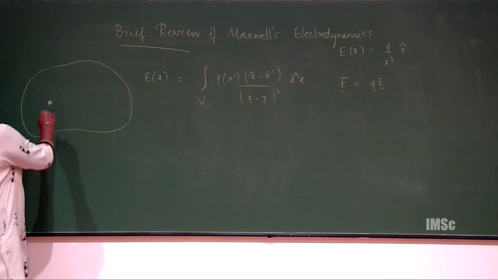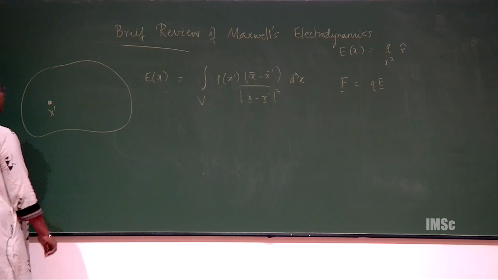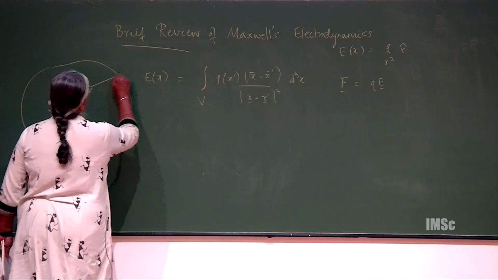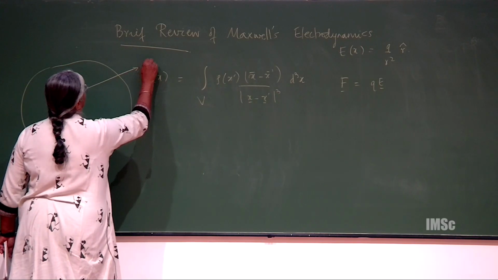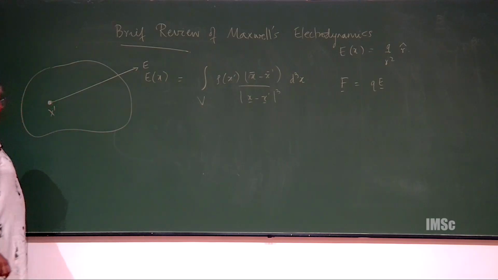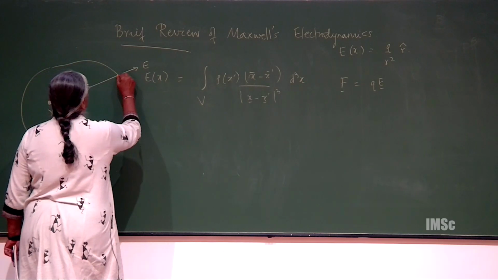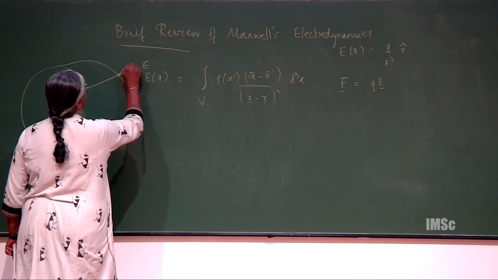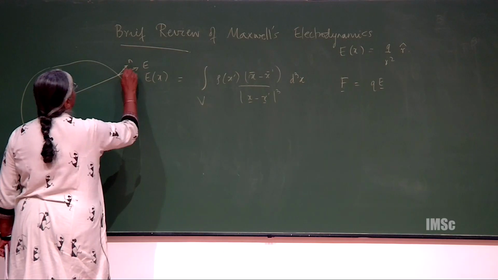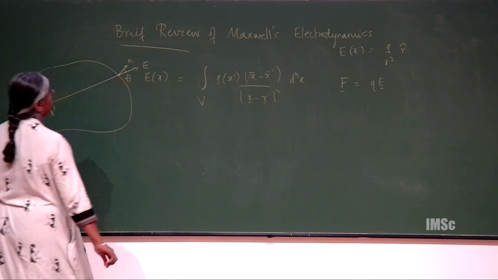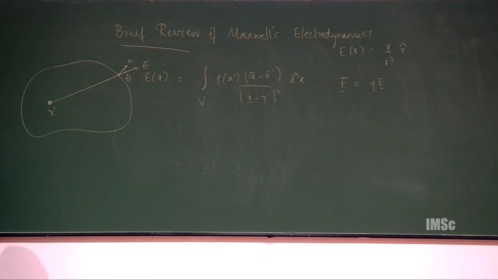Let me think of one point x prime over here. And the electric field due to that charge is here. This is E, right? And if I now want to integrate it, I define at this point a normal and I say that this is theta with respect to that normal, right?